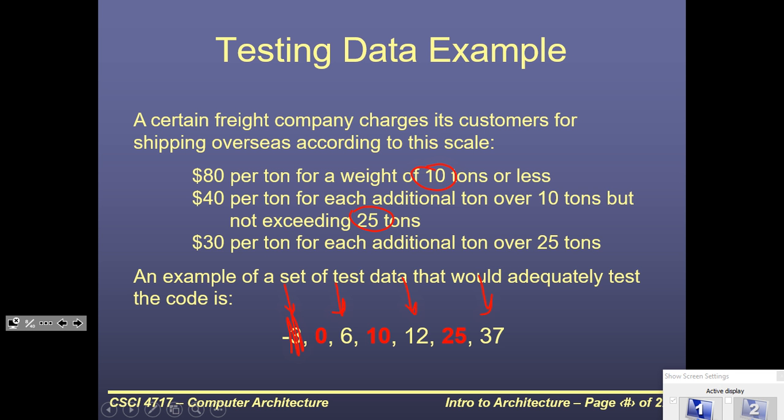Let me say again, a big deal these days is called test-driven development, where they write the test first. And when I say write the test, they're saying, for this input, we expect this output. A good example is, if your program is supposed to find the area of something, well, you know the formula. You do the math yourself. You say, okay, for an input of 3, the output should be this. And you know what the output should be.